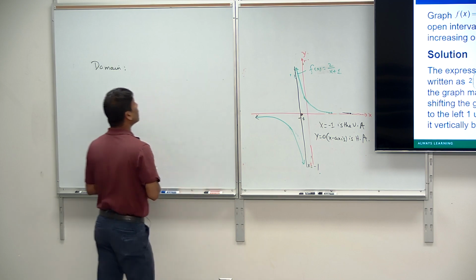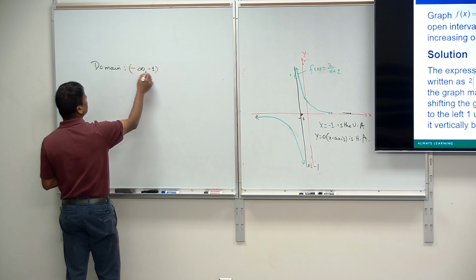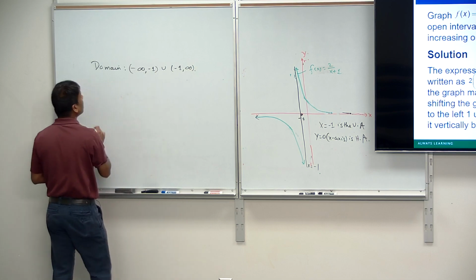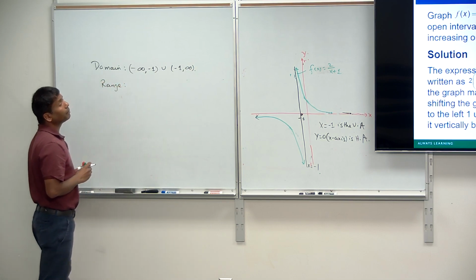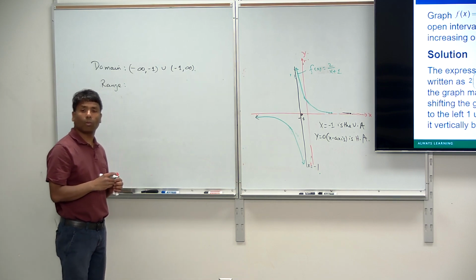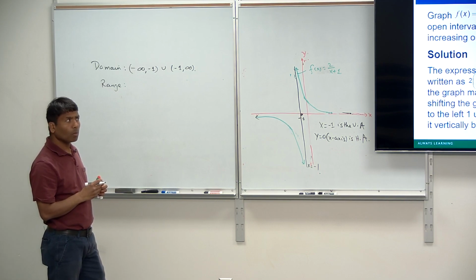Excellent. So this is negative infinity comma negative 1 union negative 1 comma positive infinity. And what is the range? Does it still stay the same, or does it change?